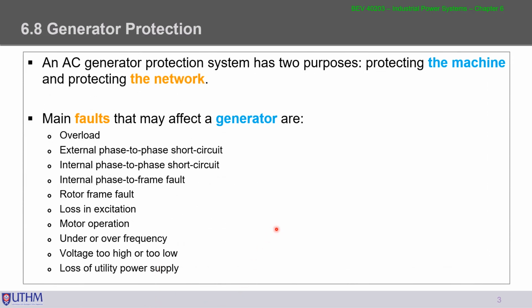As we know, an AC generator protection system has two purposes. The first one is to protect the machine, and the second one is to protect the network.